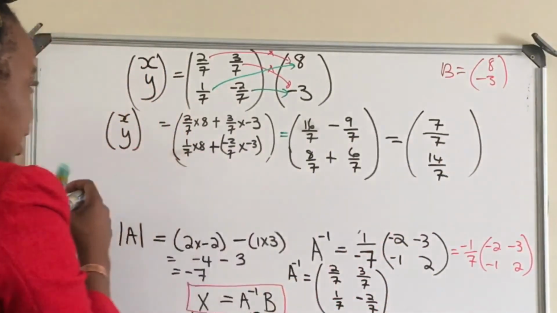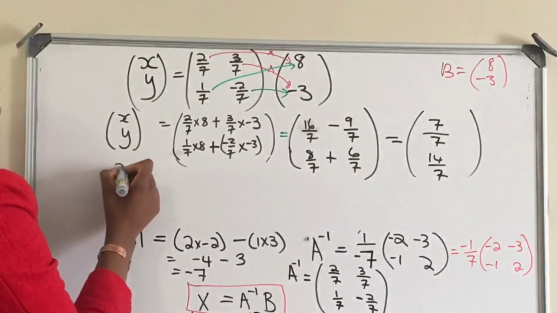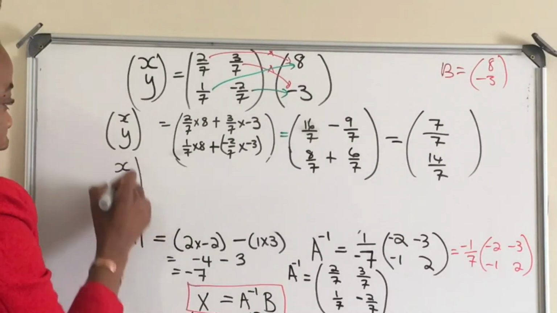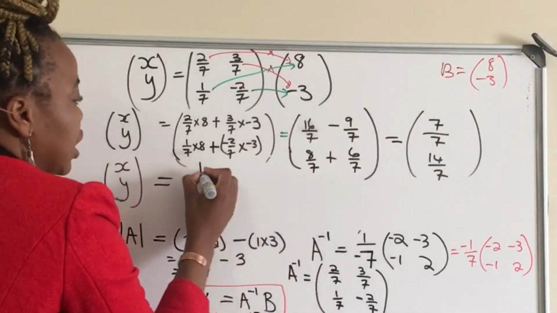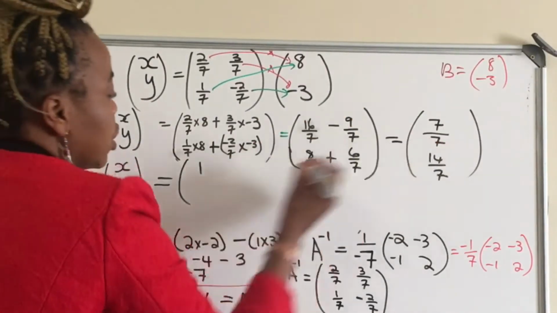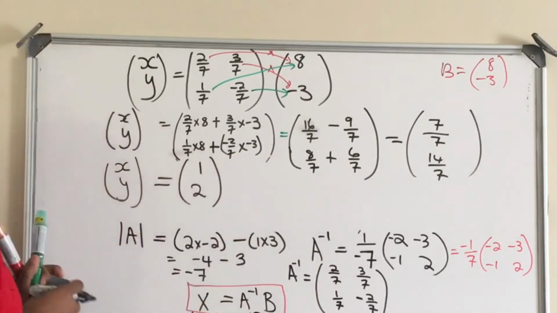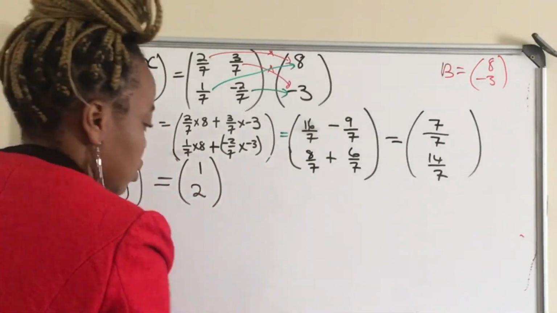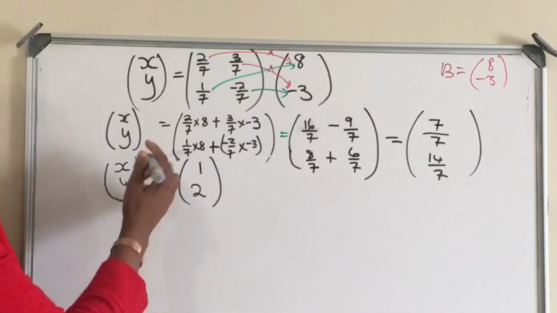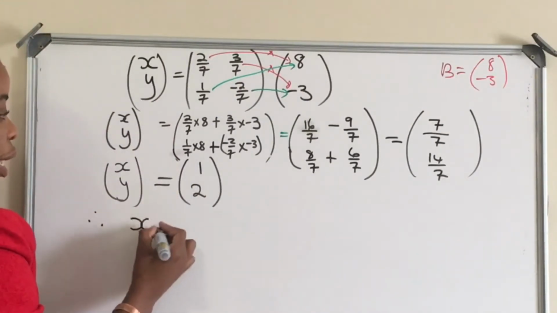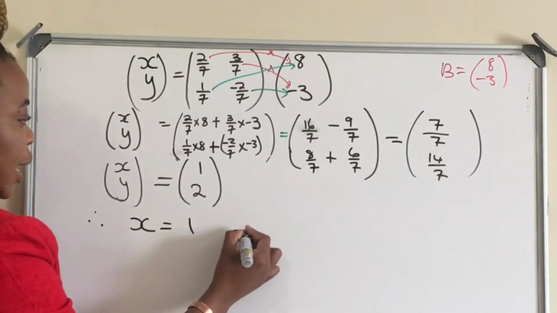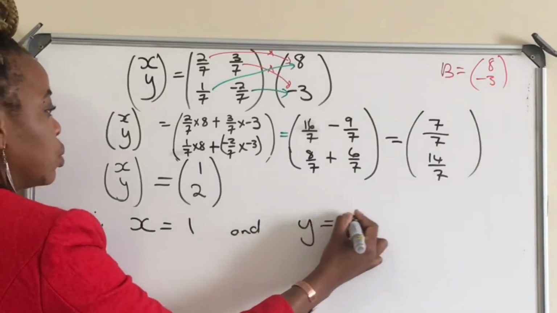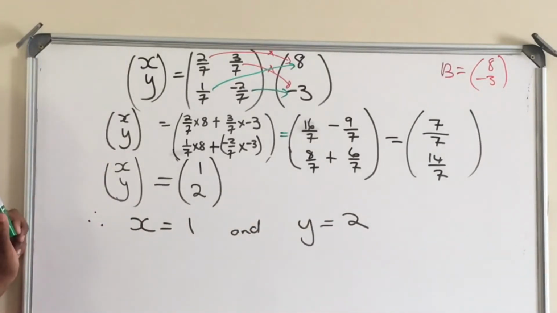So at the end, x, y is equal to, we know 7 over 7 is just 1, and 14 over 7 is 2. Therefore, we can conclude that x is equal to 1 and y is equal to 2. So that's our solution to this.